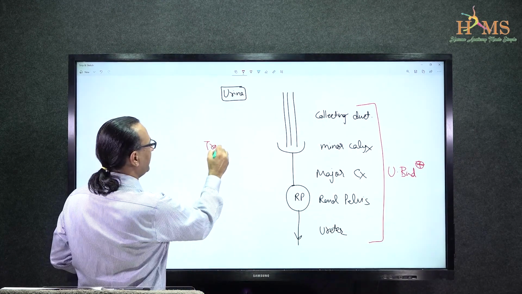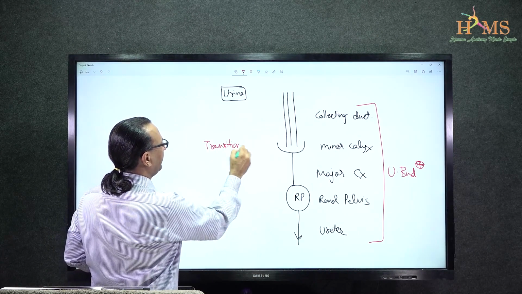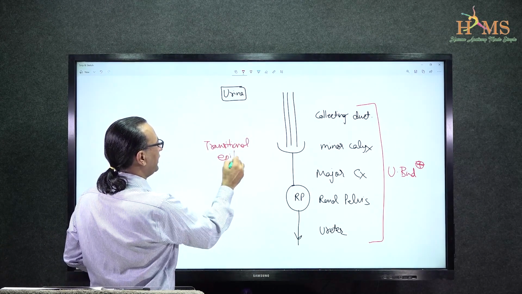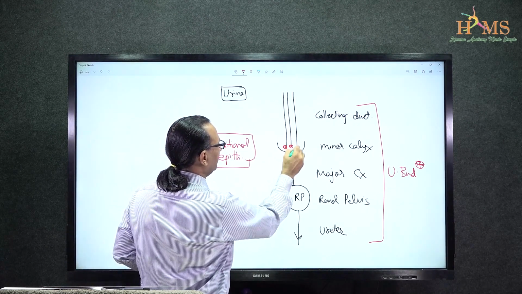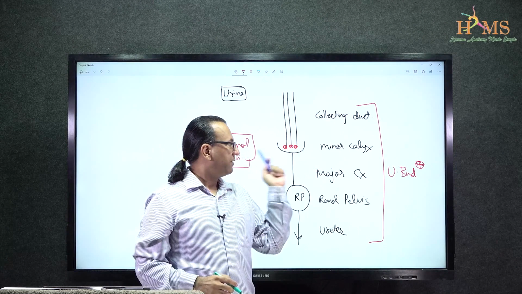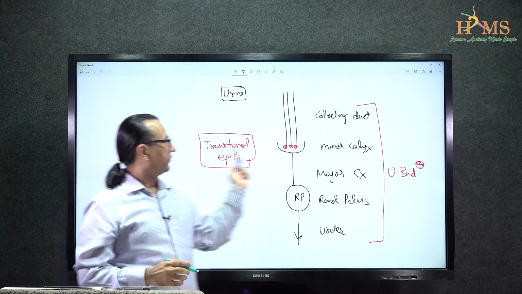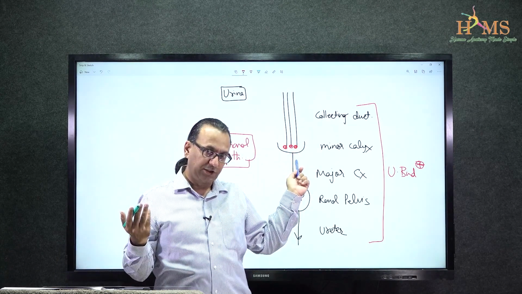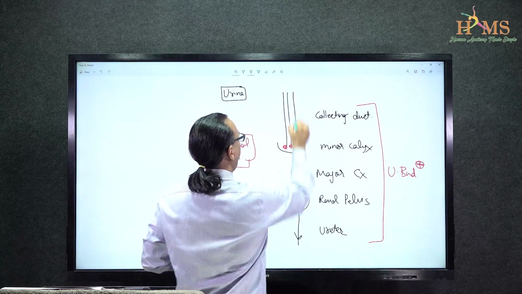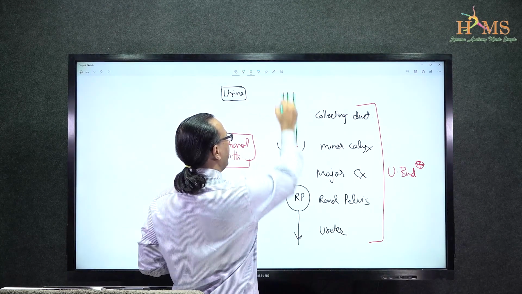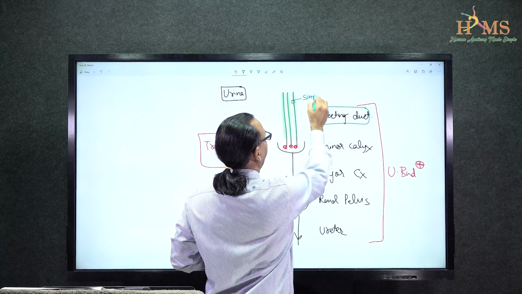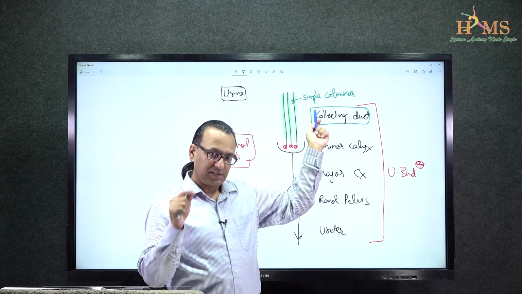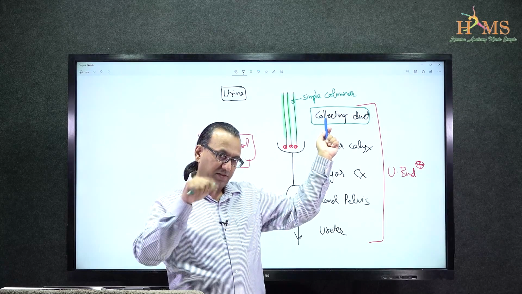But be careful when you say the transitional epithelium or the urothelium, it begins only at the tip of the collecting ducts. If it begins only at the tip of collecting ducts, then what is the major lining of the collecting duct? We already mentioned collecting ducts will be lined by the simple columnar epithelium with the principal cell and the intercalated cell with microvilli.